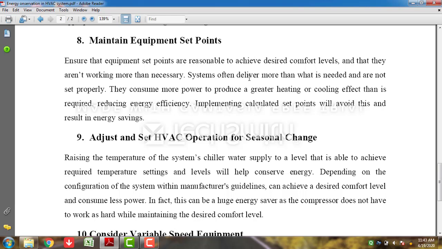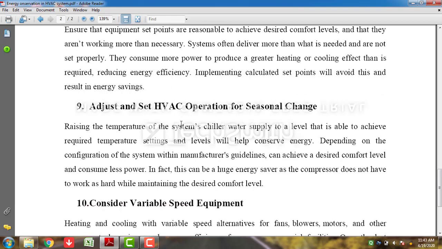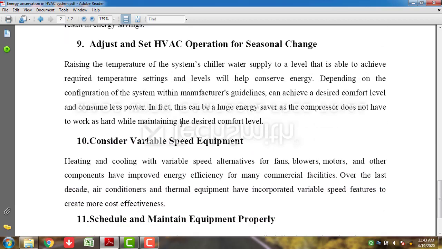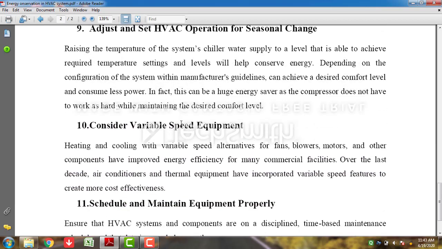Okay, next point, adjust and set HVAC operating for seasonal changes. Here the point is important. In winter we don't require the air conditioner, or we can relax a bit on the refrigeration system also. The refrigeration system or air conditioning system also have set points or seasonal points.